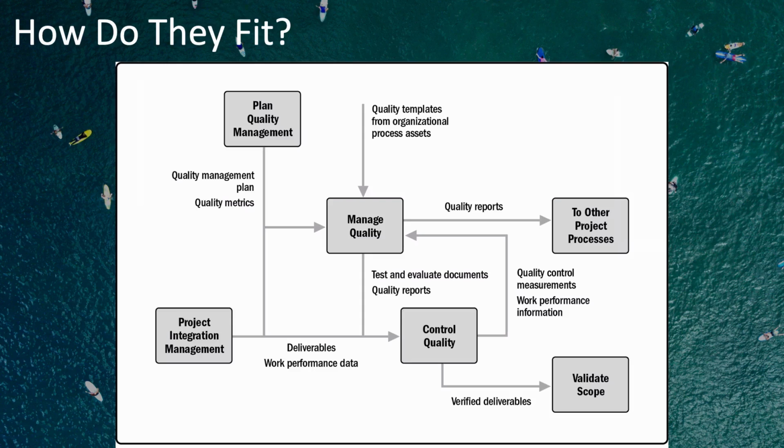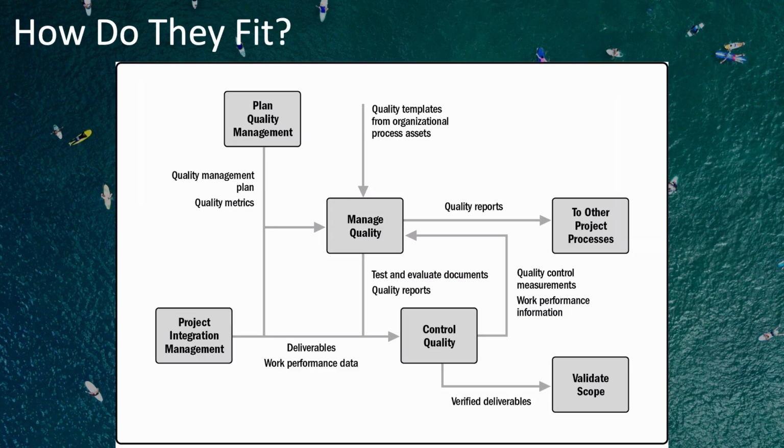Control quality also has a main purpose of taking the deliverables and the work performance data about those deliverables, combining those with the quality requirements from the plan and following the rules and guidelines of the plan to verify the deliverables.